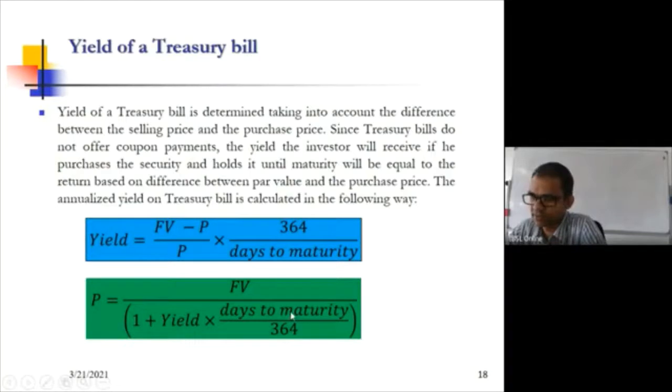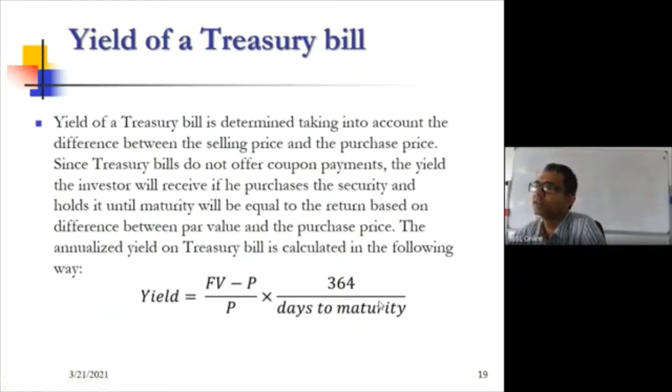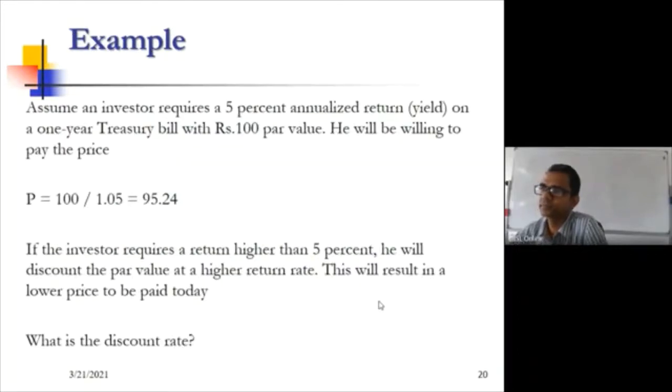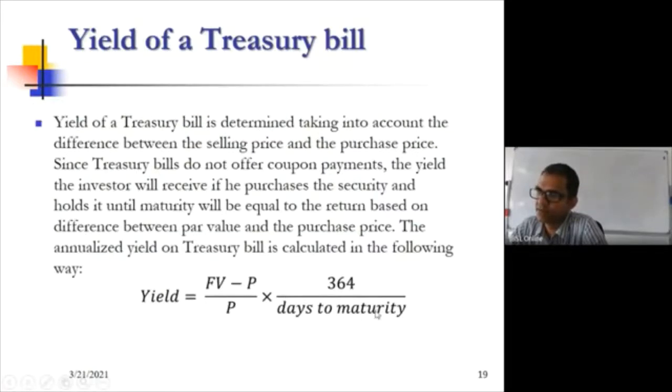Now, are those clear? Or do you have any questions? This is a very simple example because it considered 1 year. Then this becomes 1.